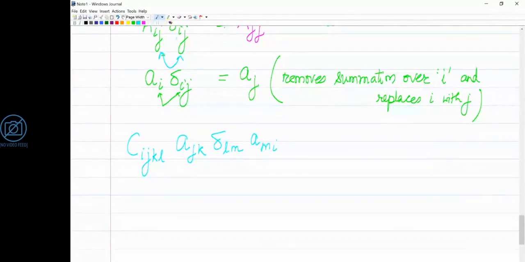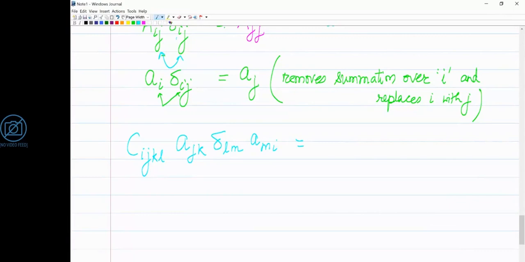So first of all, is it a valid summation expression? So you have i, j, k, l, m, and all of them are appearing twice, isn't it? So it's a valid summation. None of the indices is appearing more than twice, and there is no index appearing only once. That is also perfectly fine. In an expression, you don't need to have a free index.